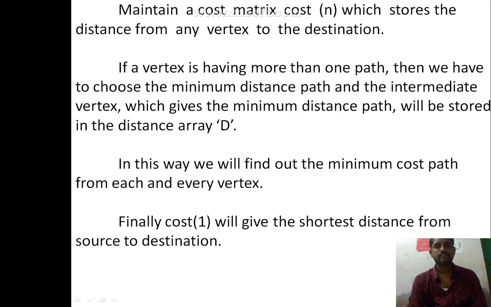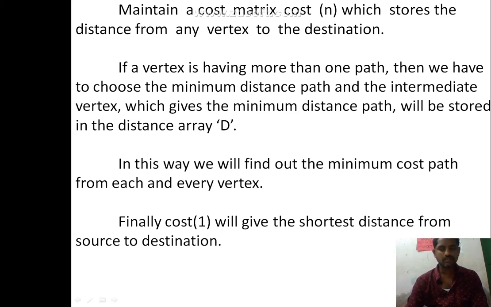If a vertex is having more than one path, then we have to choose the minimum distance path, and the intermediate vertex which gives the minimum distance path will be stored in the distance array D. In this way, we will find out the minimum cost path from each and every vertex, and the final cost of 1 will give the shortest distance from the source to destination.